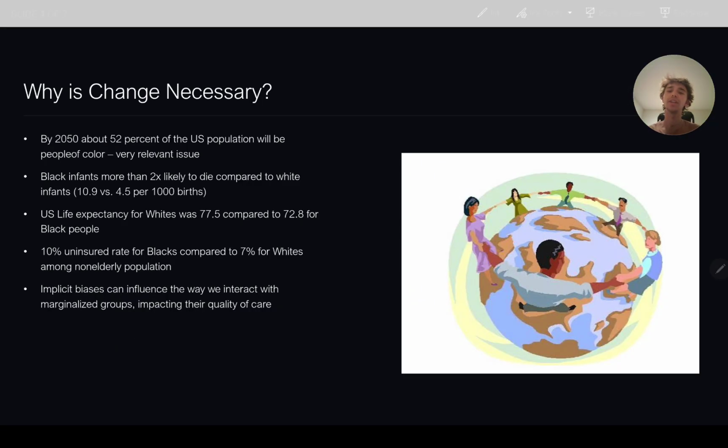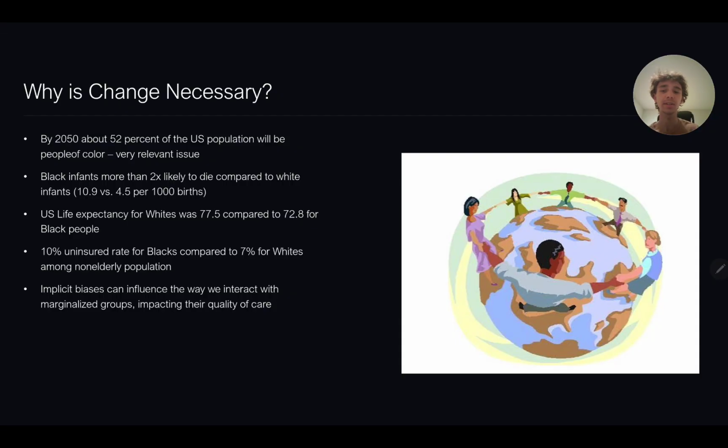So why is change necessary? Well, I wanted to bring about some statistics that point towards and explain why this problem is so important to solve. In general, not just for African Americans, but for various racial minorities, overall by 2050, around 52% of the US population will be people of color, making this an extremely relevant and pertinent issue to solve.